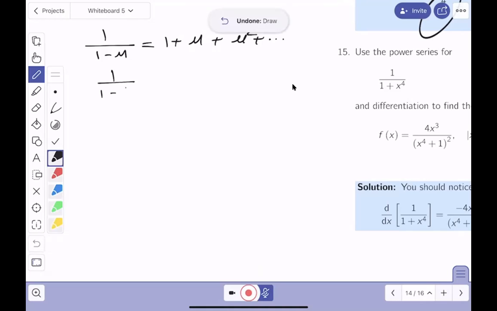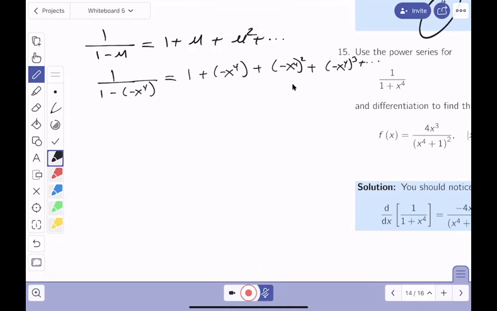So minus x^4. And what's it going to be? 1 plus minus x^4 plus minus x^4 squared plus minus x^4 cubed. You get the idea. All right.